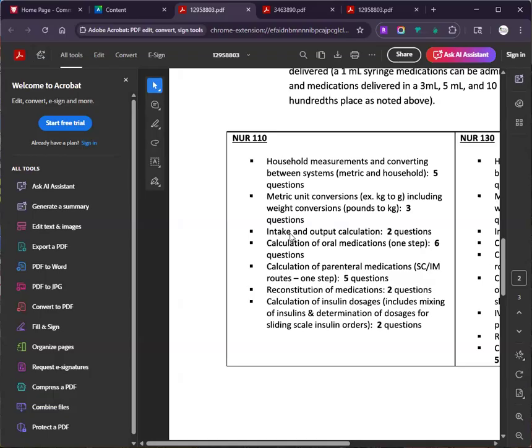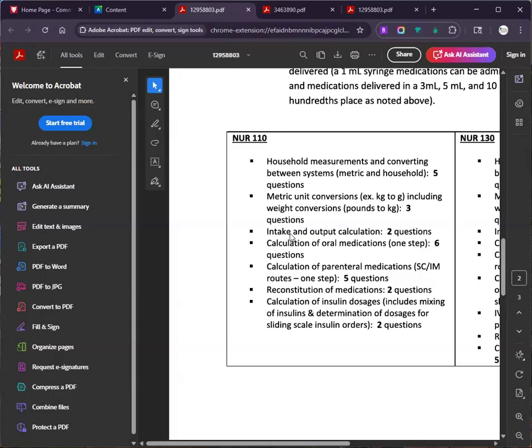We'll talk about that. At some of the other campuses, they do an intake, so there'll be a list of food and drink, and they have to convert all of the food and drink to milliliters, and then calculate the total milliliters given. And if I think of it, I'll show you what one of those looks like next time.